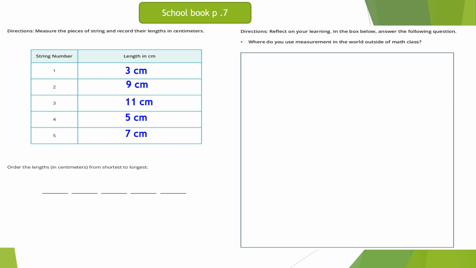He is asking me to order the length in centimeters from the shortest to the longest. It means from the smallest number to the greatest number. So which order? Ascending order. So we will write 3, 5, 7, 9, 11.